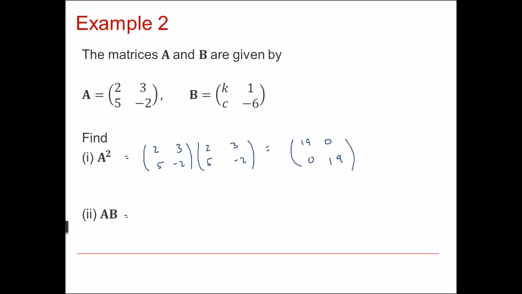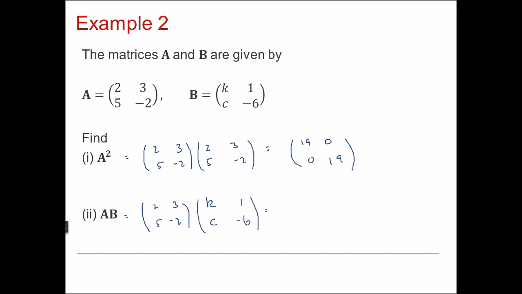If we're multiplying AB, or trying to find AB, we must write it in that order, so that it is 2, 3, 5, negative 2 multiplied by K, 1, C, negative 6.